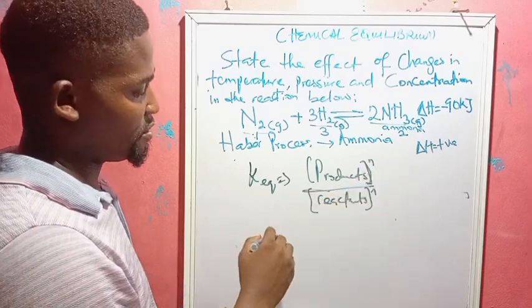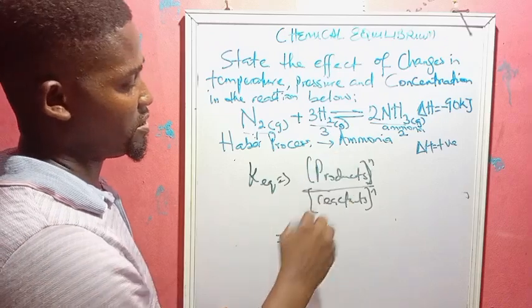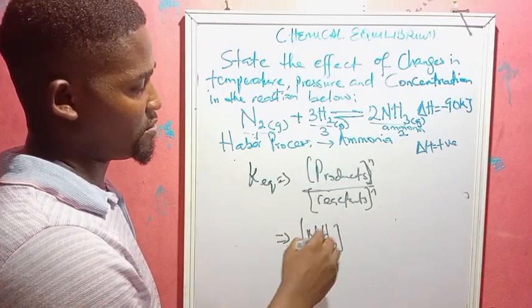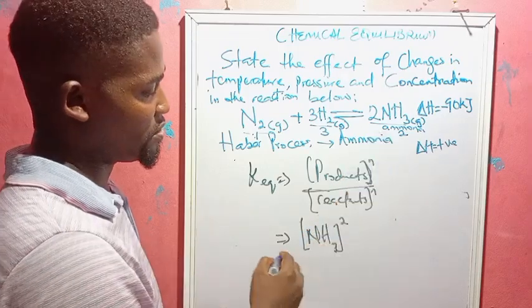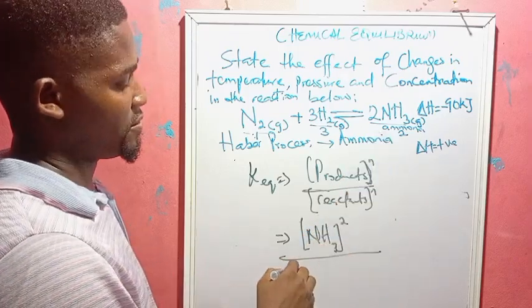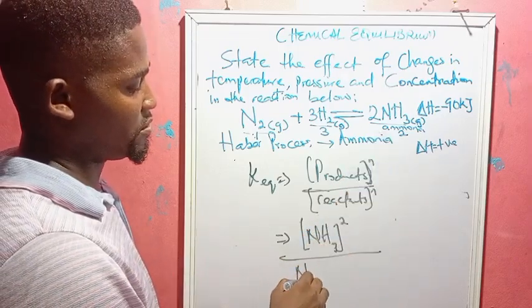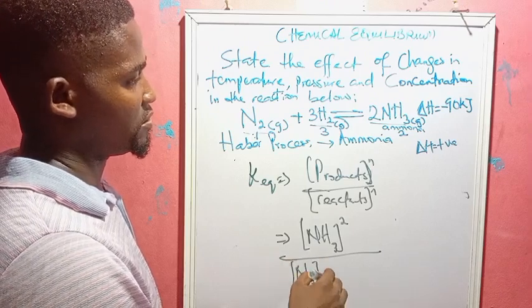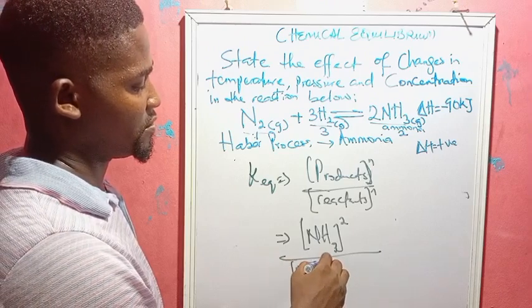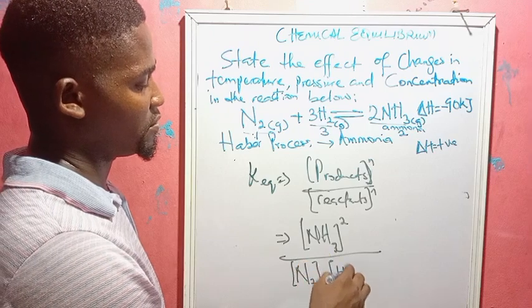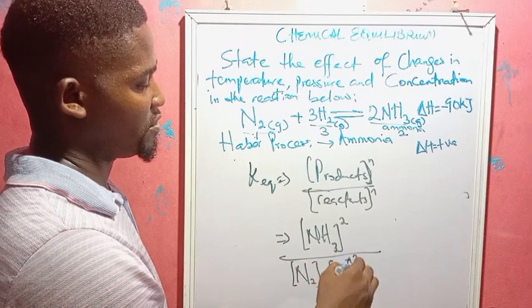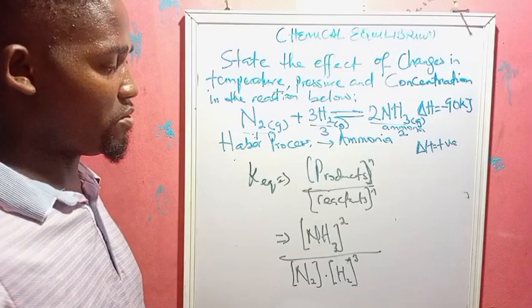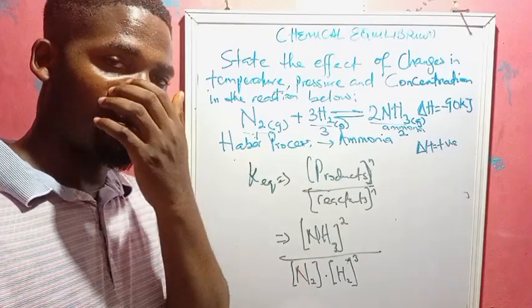So in other words, the product here is ammonia, so we have ammonia raised to the power of 2 because of 2 moles, divided by nitrogen, which is just 1 mole of nitrogen gas, and hydrogen, which will be 3 moles here, raised to the power of 3. So that's the expression for the equilibrium constant, although we use this only for gaseous and aqueous medium.